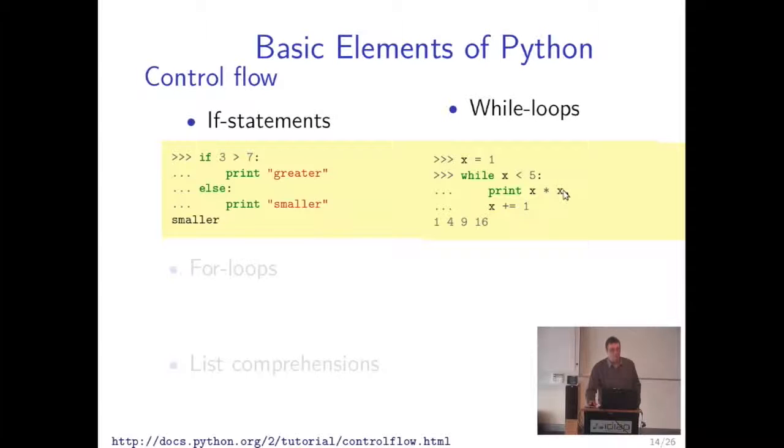Maybe you note the comma here at the end, because we were talking about the comma. Printing will by default print line by line. And if you add a comma at the end, then it will not put a new line character but a space. So that the result of this is 1, 4, 9, 16 in one line and not in 4 different lines. If you do not use a comma, you will just get the same but in 4 lines.